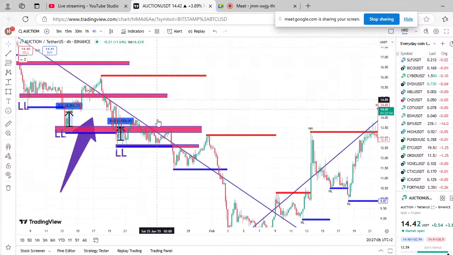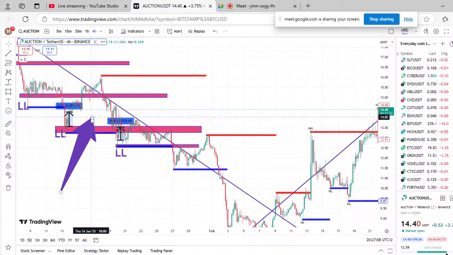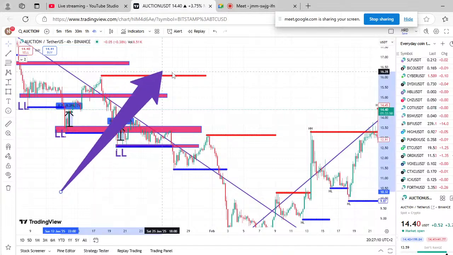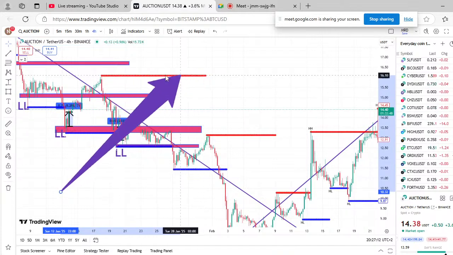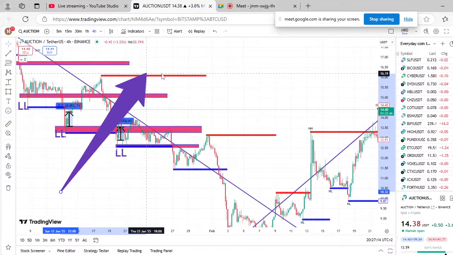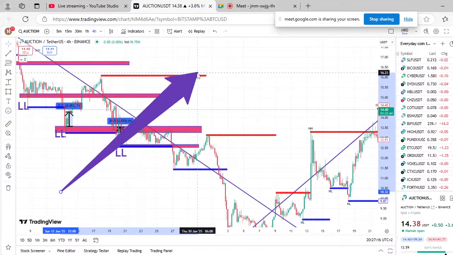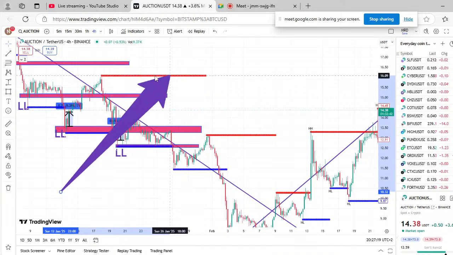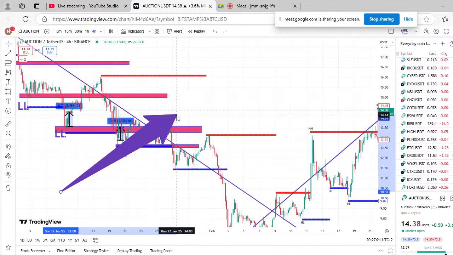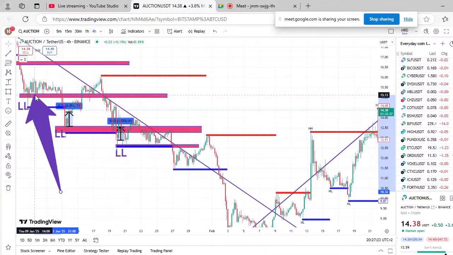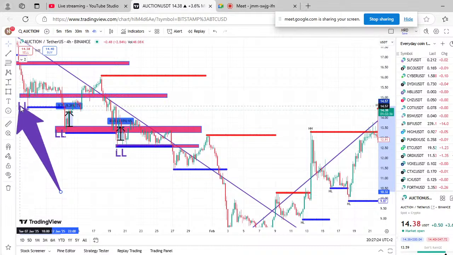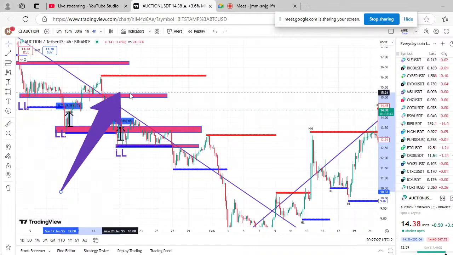Now, at this point, we can see that the indicator is telling us that the previous lower high is this one. Are we getting the point? The previous lower high is this one, according to the indicator. But for you, you can consider this previous lower low, which is this line.